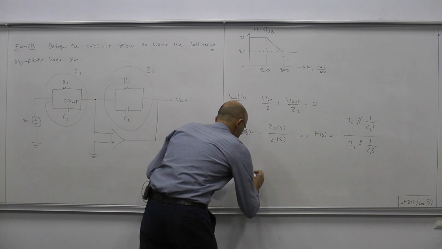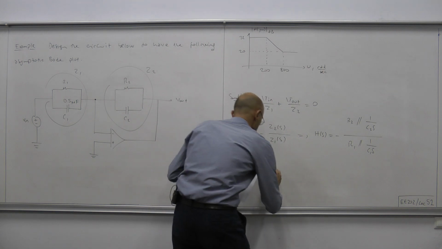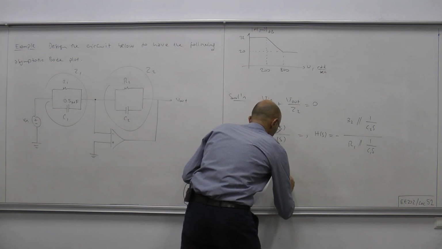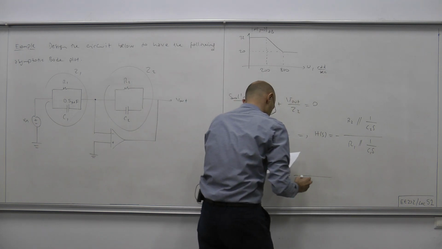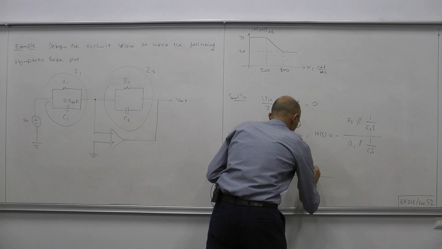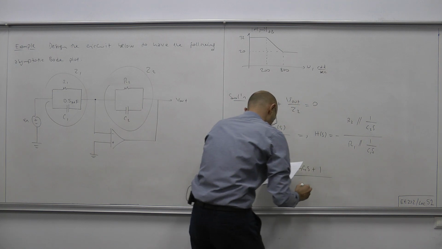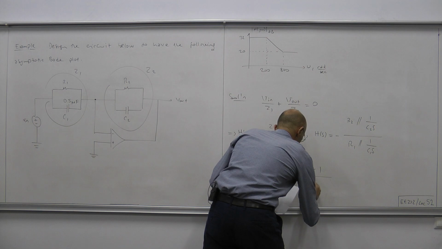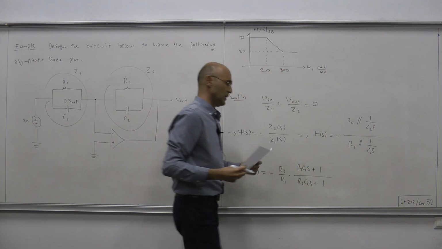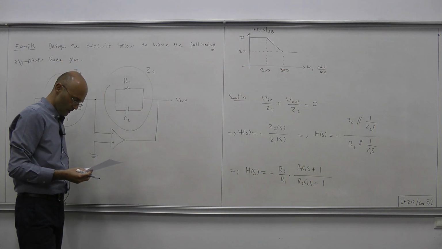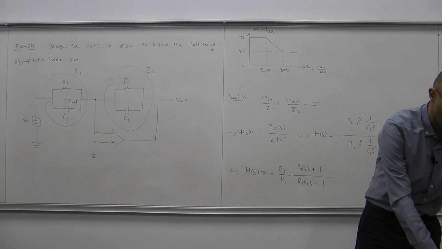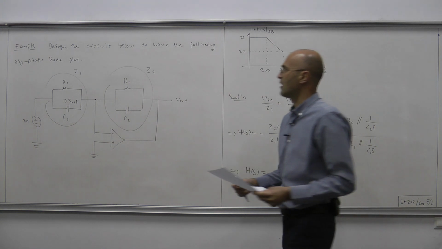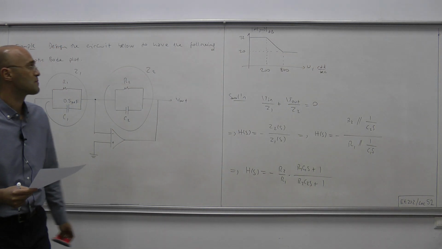From which we obtain H of S equals minus R2 over R1 times (R1 C1 S plus 1) over (R2 C2 S plus 1). So that's our transfer function. Now, once we have the transfer function, we can figure out the constant term and the first order terms.